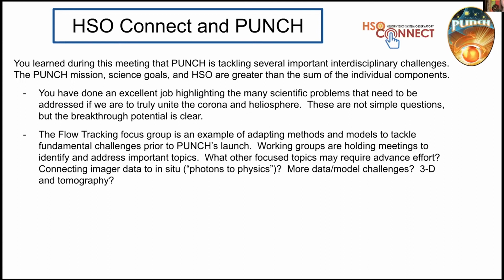is something that spans all of the different science goals, but is a challenge on its own. Both the flow tracking focus group and the CME group are releasing data and model challenges in order to understand whether we can trust our measurements and do the extremely important task of uncertainty quantification, which must be done for any data set if modelers are going to be able to interpret that data.